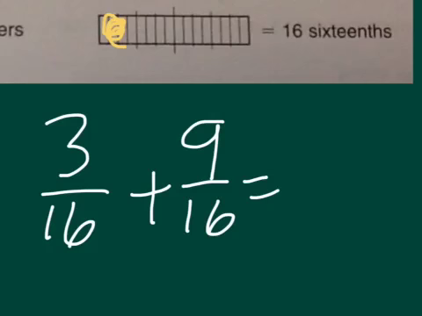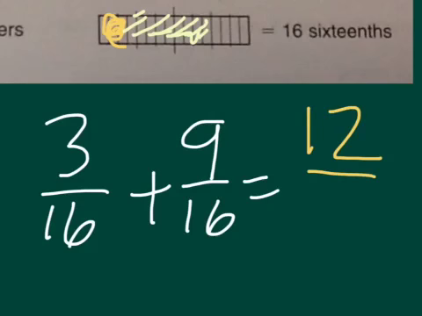So I'm going to do my diagonal lines. 1, 2, 3, 4, 5, 6, 7, 8, 9. Let's do some lines, and just don't overlap them. So there's your difference. How many 16ths does that equal? Well, I've got 1, 2, 3, 4, 5, 6, 7, 8, 9, 10, 11, 12. So 3/16 plus 9/16 equals 12/16, and that's how you would use the fraction sticks.